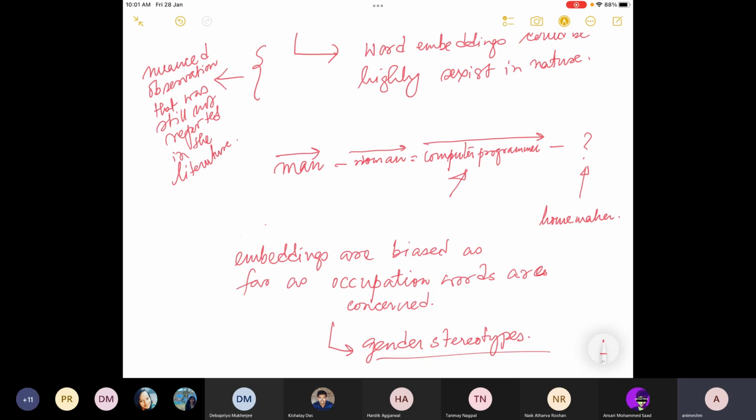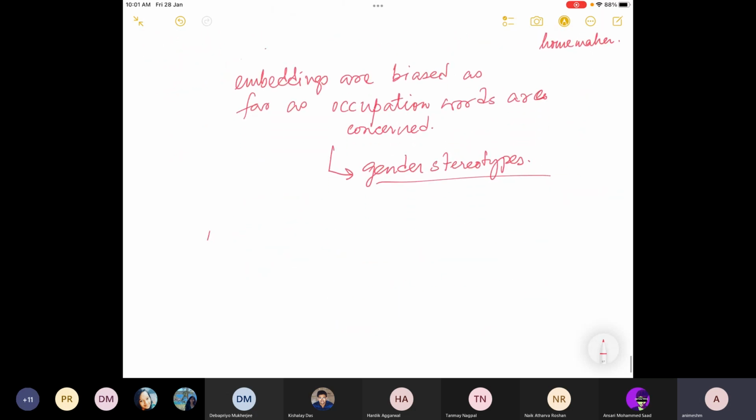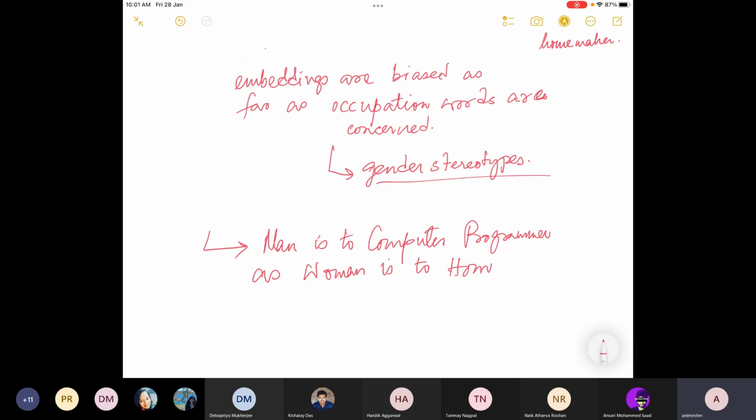Okay, so therefore the real life biases are also creeping into the data, and this perfectly justifies the title of the paper that we are going to talk about in the next week's lecture, which is Man is to Computer Programmer as Woman is to Homemaker.